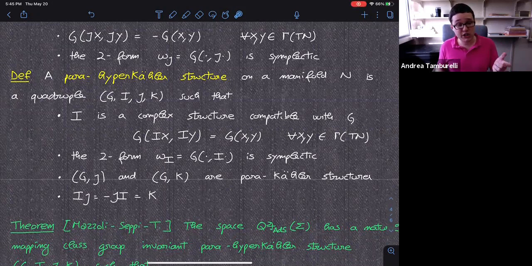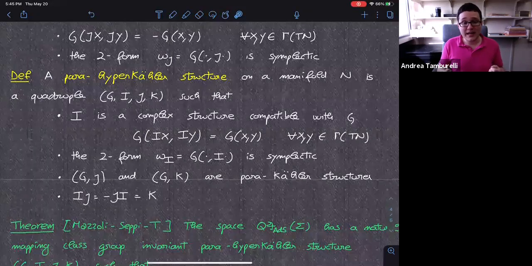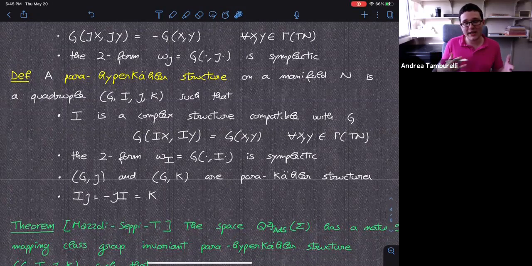The pairs (g, J) and (g, K) are parakähler structures, and K is the product of I and J. So if you are familiar with that, this means that I, J, and K satisfy the relations of paraquaternionic numbers, exactly like I, J, and K in the case of a hyperkähler structure satisfy the relations of quaternionic numbers.